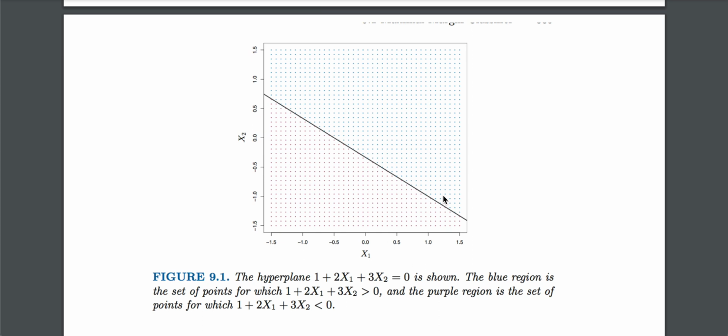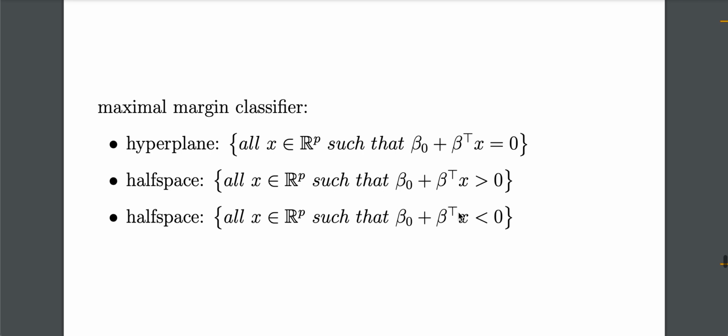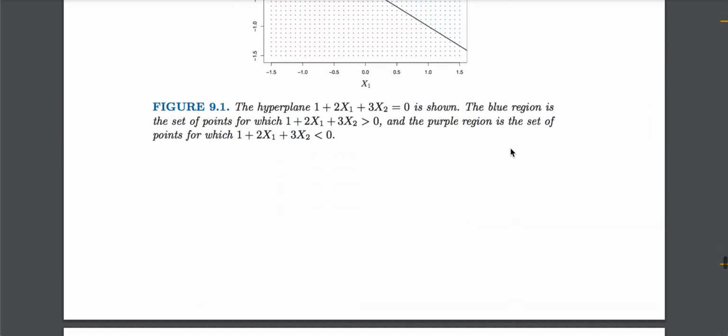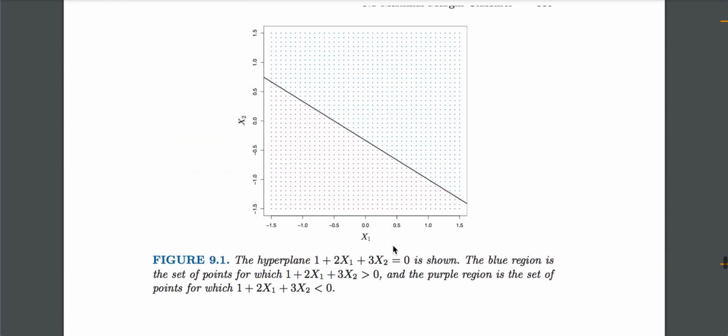Okay, so here's an example. In the two-dimensional space, we have x2, we have x1, and then we have this hyperplane, which in the two-dimensional space is just a line. And if you look at this form, there is the intercept plus beta transpose x being equal to 0. So the intercept is 1 in this case, and then you have 2x1 plus 3x2.